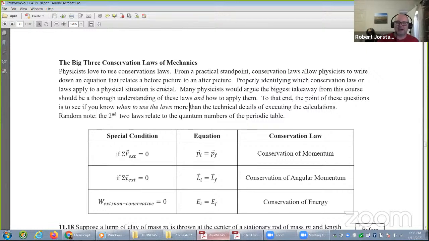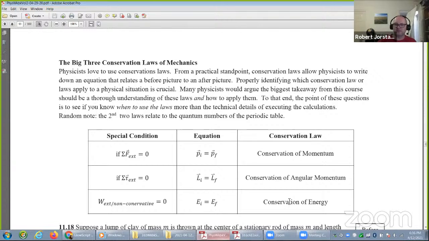That is somewhat useful to apply equations correctly. So it's not enough just to grab an equation. For example, conservation of momentum. If this is true, then you can write it down. If this is true, you could write down angular. And then if this is true, you could write this down. That is the big picture from this entire semester.